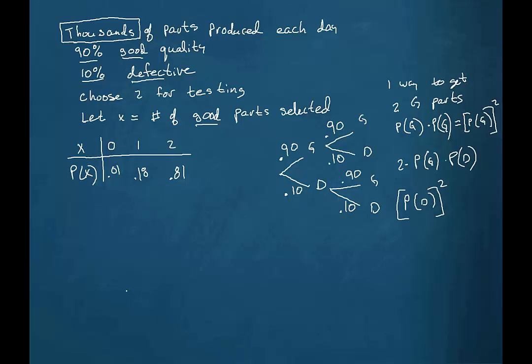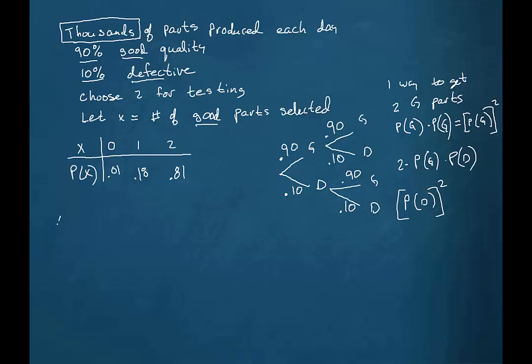Now let's go back to our example where we were selecting parts that we have manufactured and keeping track of the number of good parts and the number of defective parts. And let's look first at the case where we were selecting 2.